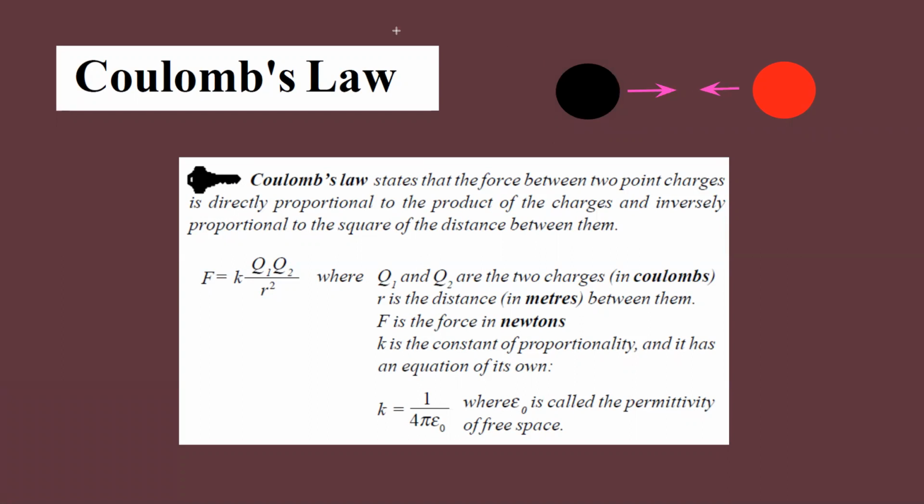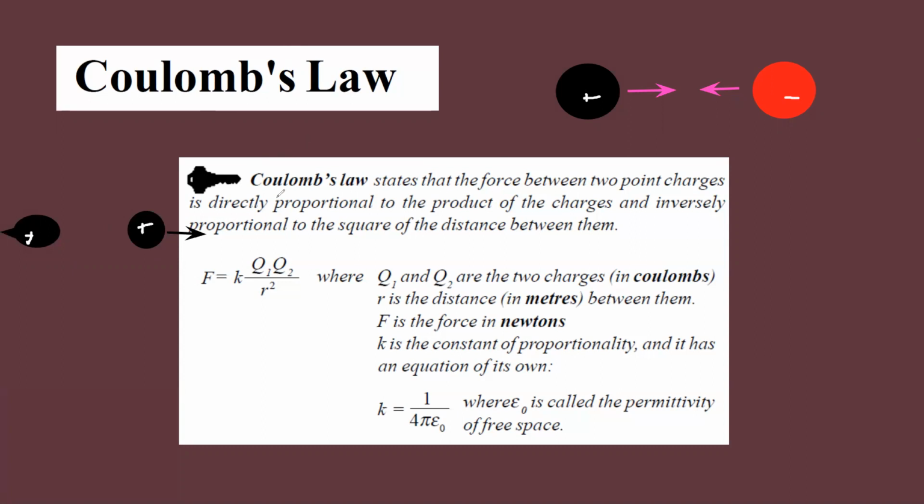If they're like charges or identical charges, they will repel each other. So these two particles or charges tend to move away from each other. So this one is positive, negative, and positive, positive.